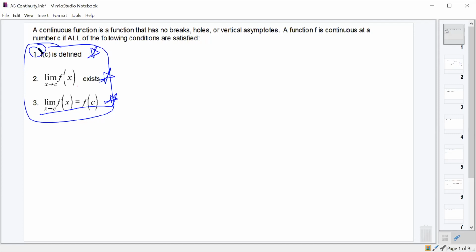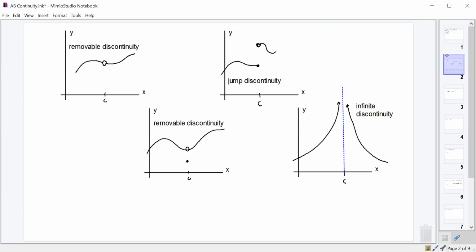I believe around 5. Nah, less than that. Just three types of discontinuities. They're called removable discontinuities, of which there are sort of two different kinds, then jump discontinuities, and infinite discontinuities.